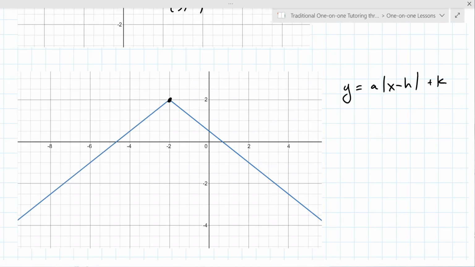Okay, so I'd say I have all of it, but the slope.